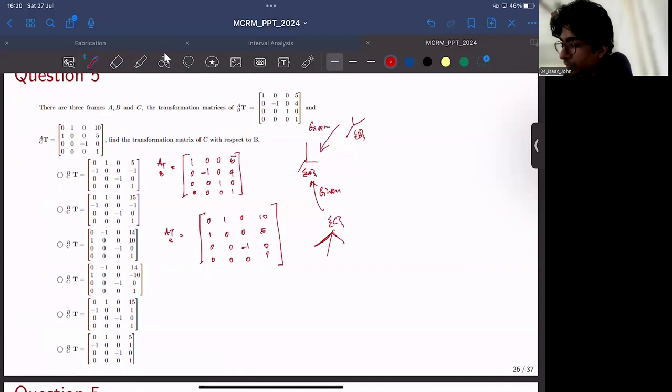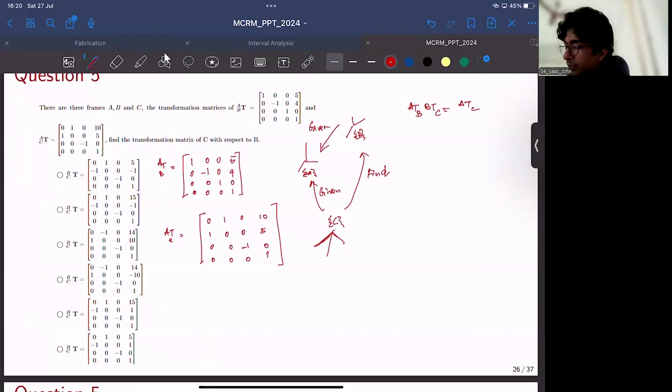The question asks you to find the transformation of C with respect to B. Again, using the compound transformation, if you multiply ATB by BTC, you will get ATC, right?